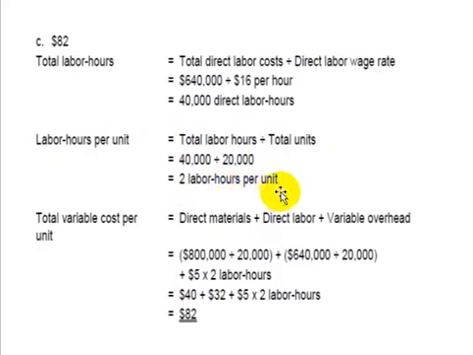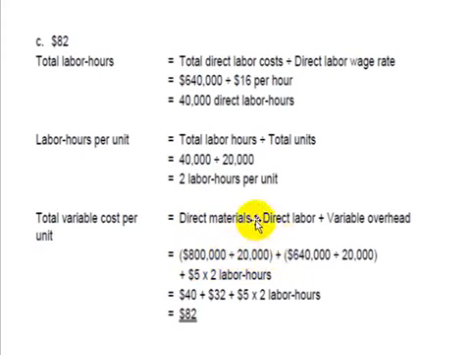So the total variable cost per unit equals direct materials per unit plus direct labor per unit plus variable overhead. The total direct material equals 800,000, so to calculate the direct material per unit, we take 800,000 divided by 20,000 units.